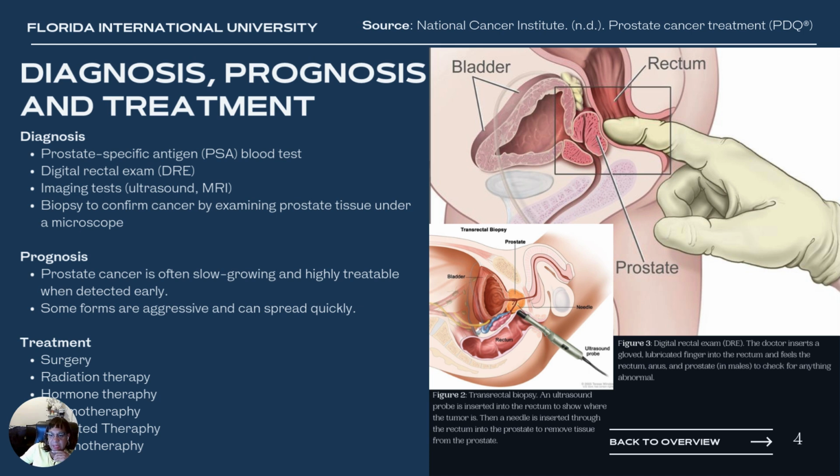And so then there's immunotherapy. It's less harmful to healthy cells than radiation therapy or chemotherapy, and it's a treatment that is done to actually help the immune system to fight the cancer cells.